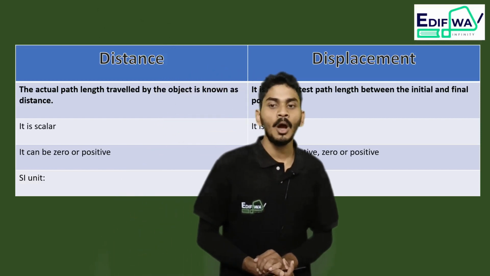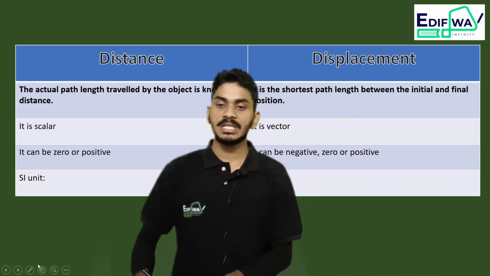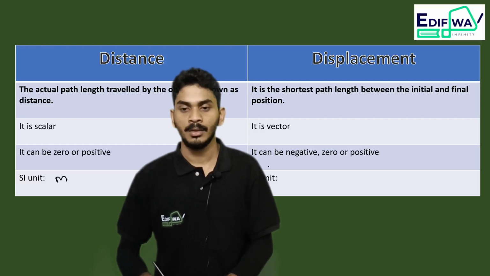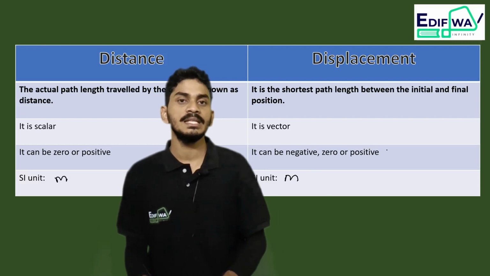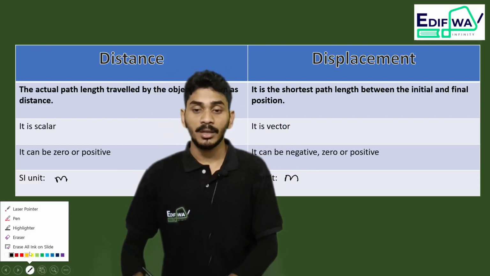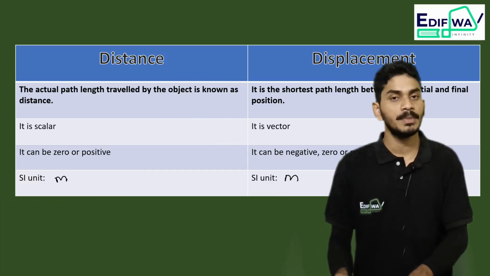Clear? Now, what about the SI unit? Okay, the SI unit for distance is meter, and for displacement also it is meter. And I will give you a very important relation. You know, displacement can be negative, 0 or even positive, right?